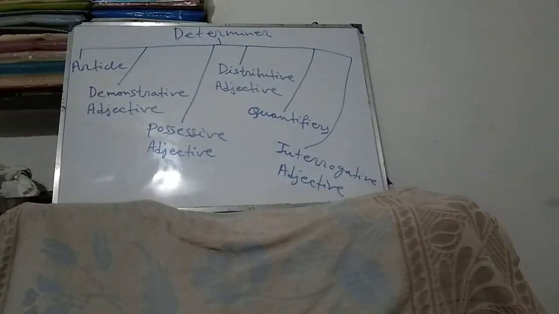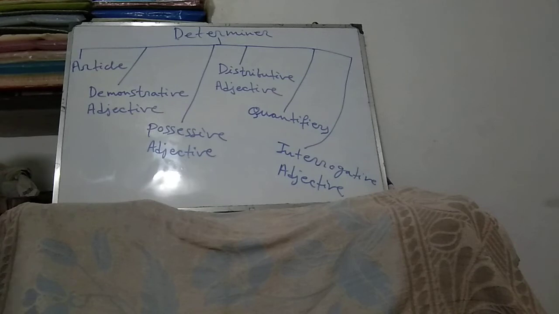Maximum adjectives are included in determiner, and we may call that article is also one type of adjective. However, there is a little bit of difference between adjective and determiner, already told.